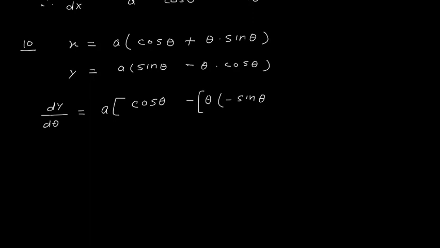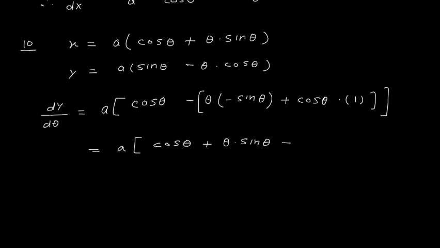So theta into derivative of cos theta, which is minus sin theta, plus cos theta into derivative of theta is 1. So this is equals to a into, now we open the bracket, it is cos theta. Now this minus minus is plus theta into sin theta, and then we have minus cos theta.